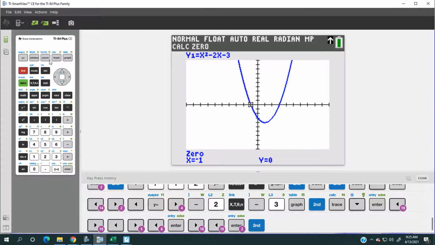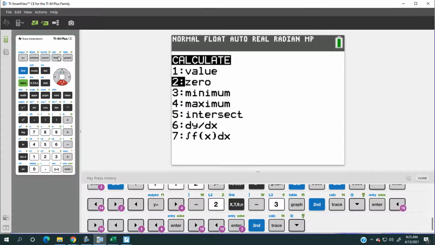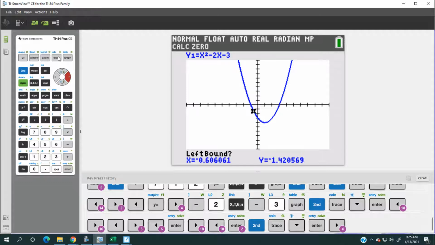I'm going to go second, trace, 0 again, and now I'm going to do that for the one on the right side of the parabola. Here it says left bound. So I'm going to stop probably around here, because I want the left side of this point. Remember, the cursor has to be on the left side of this point that's intercepting the x-axis.